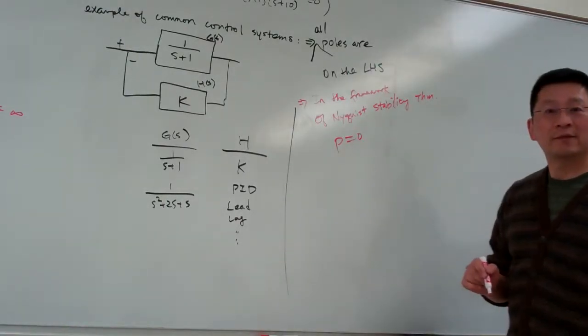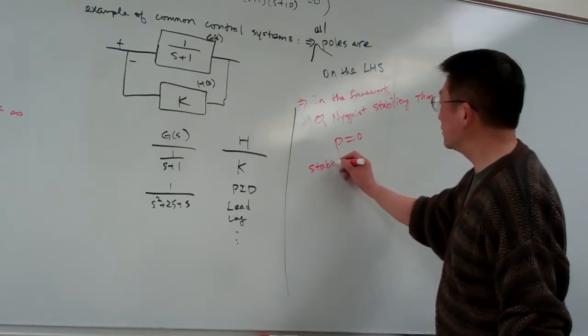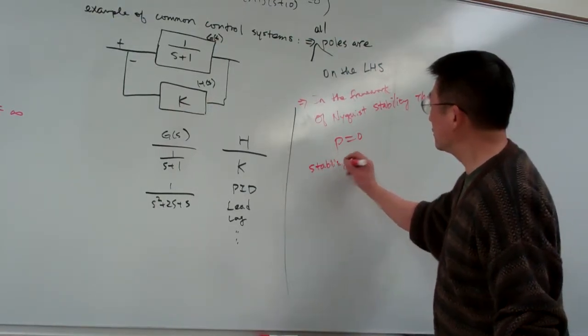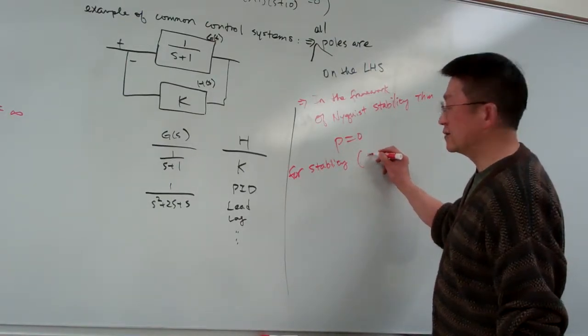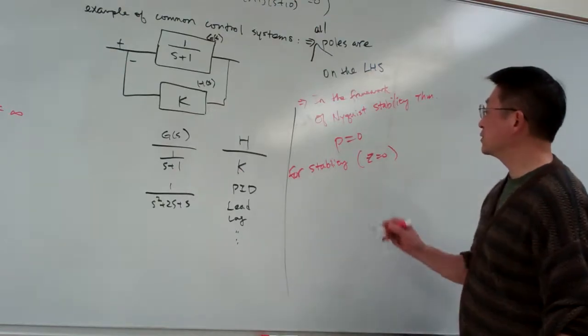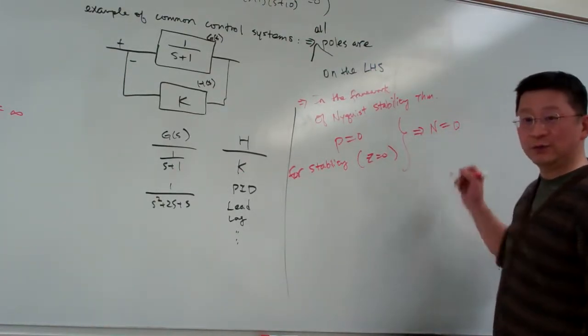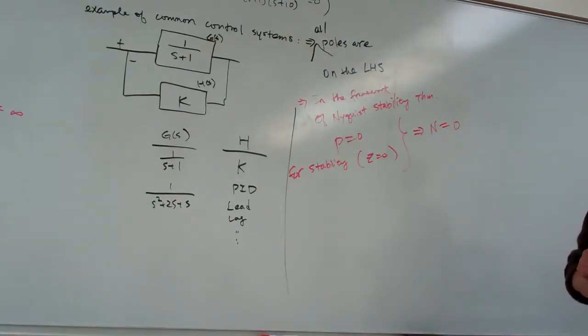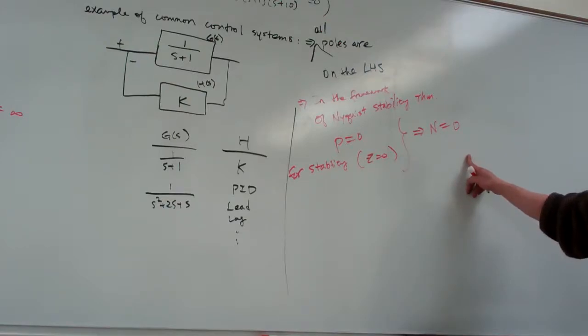So under this case, for stability, that means Z equals 0. Together, the two things, we must ask N to be equal to 0. So this is the most common situation when we apply the Nyquist theory.